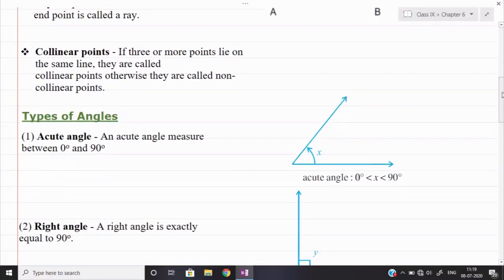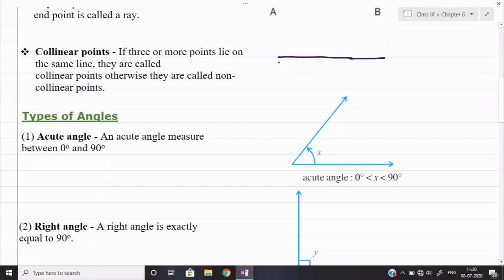If three or more points lie on the same line, they are called collinear points. Otherwise, they are called non-collinear points. I will show you with the help of a figure how we can say that the points are collinear. For example, suppose I have one line like this.